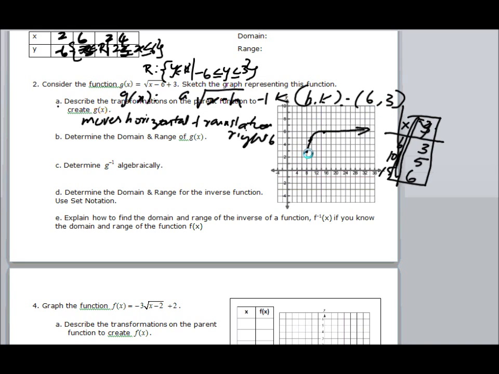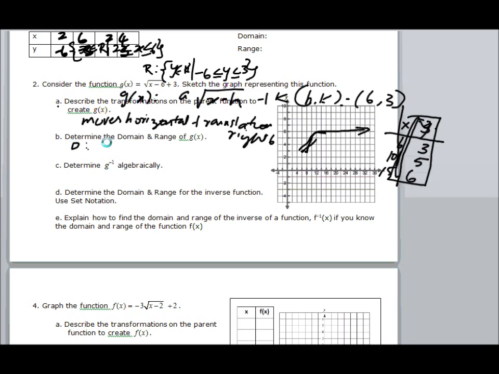So we see that this is an increasing function, and the x value starts at 6. So this is my curve. My x starts at 6, so you need to say it in interval notation this time.